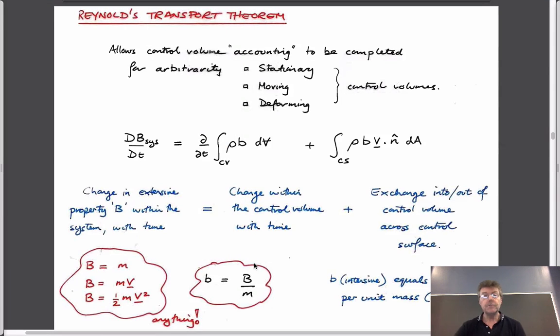And so the formalism that we'll use is named for Osborne Reynolds. His name is Reynolds, not with an S. It looks kind of complicated, but it's really relatively straightforward if you write it in words.